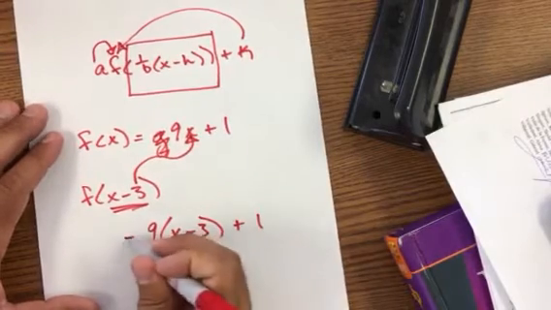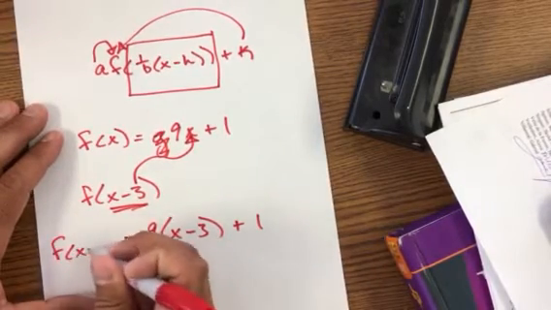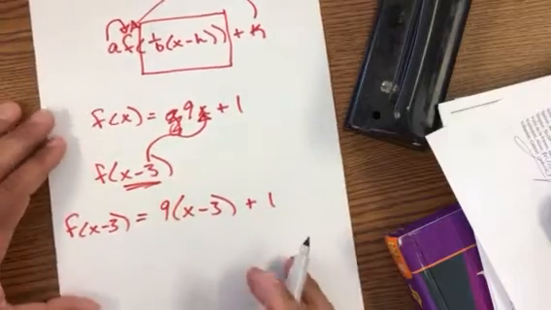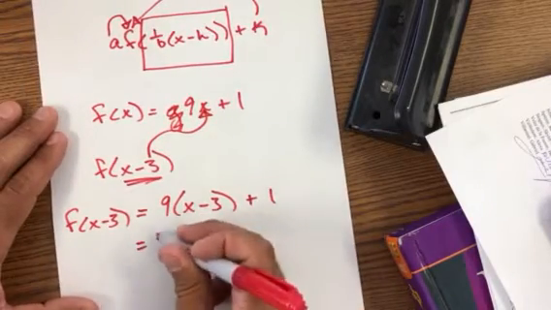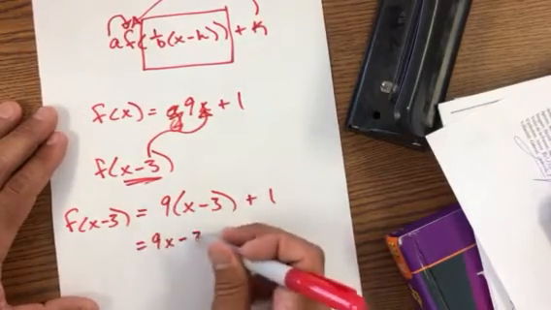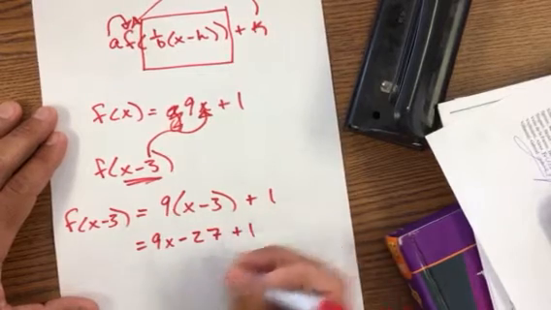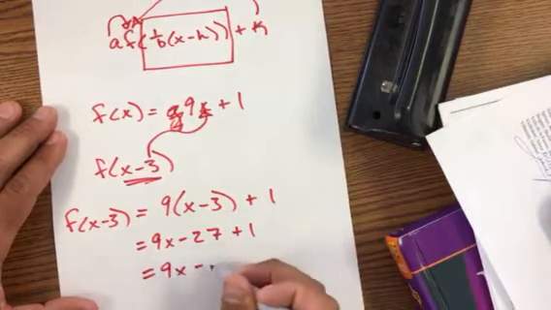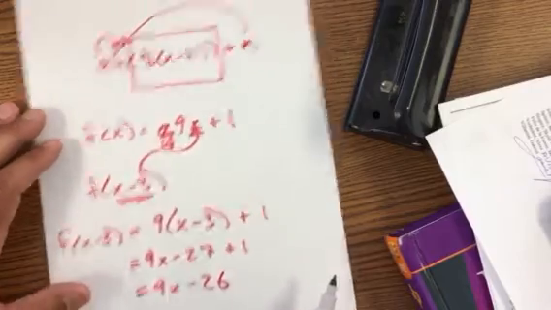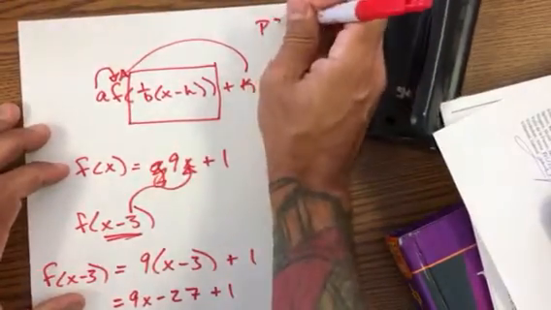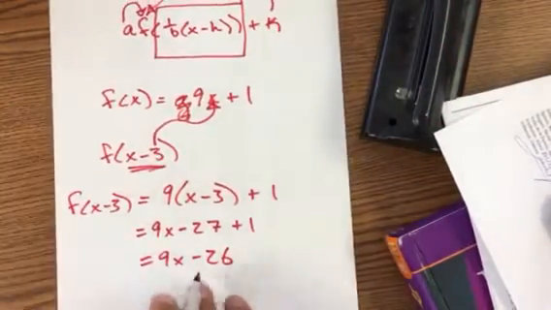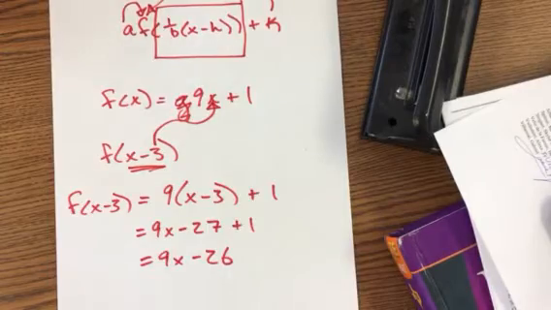Everything else on the function stays the same. So I would actually write it like this, and then I would simplify. I would do 9 times x, 9 times negative 3, and then simplify by combining like terms. So that's what I would be looking at there. That would be what f of x minus 3 equals.